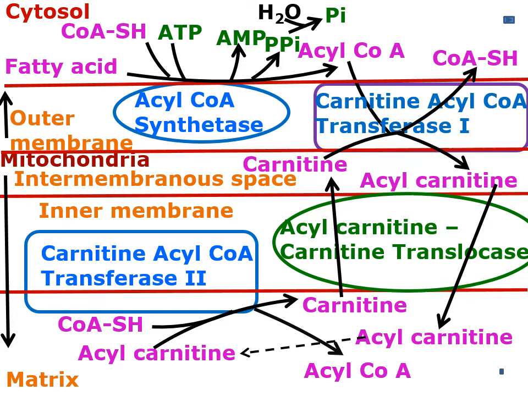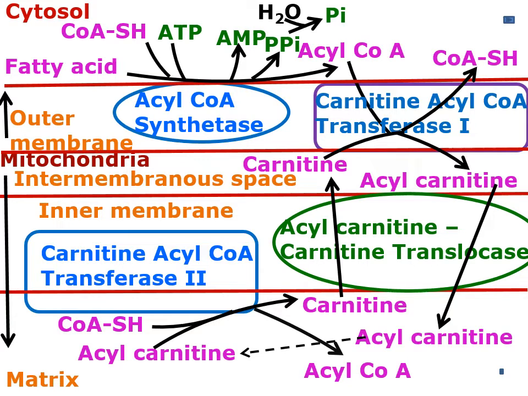This is how fatty acid is transported from the cytosol into the mitochondrial matrix. But remember one point, students: only long chain fatty acids are not permeable through the mitochondrial membrane, so they require a transporter, whereas medium and short chain fatty acids can simply diffuse into the mitochondrial matrix.